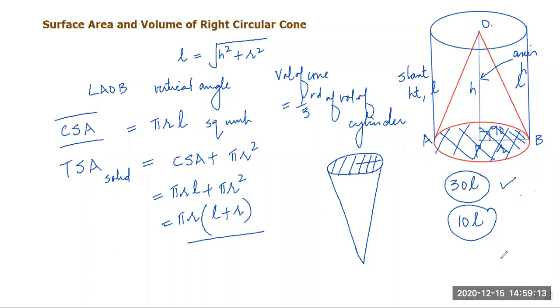So from this, students, we got an expression regarding the volume of a cone. Well, you need not remember it. First, simply write: if the cone has height h and radius r, now write down the volume of the cylinder which has radius r and height h. What will be the volume of the cylinder?